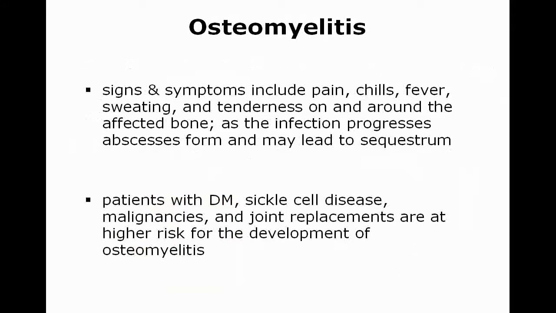Signs and symptoms: pain, of course, at the area that's affected. Signs of systemic infection throughout the body: chills, fever, sweating, tenderness on and around the affected bone. If the infection progresses and abscesses form, the abscesses may actually lead to sequestrum, which is death of the bone tissue.